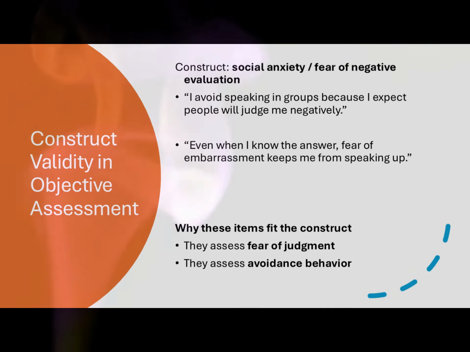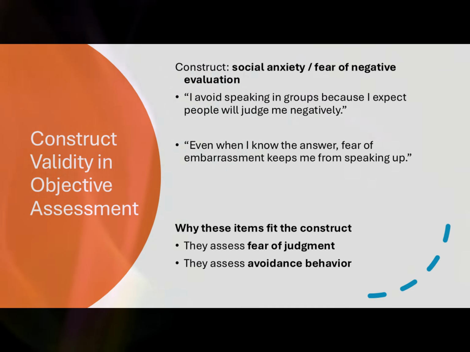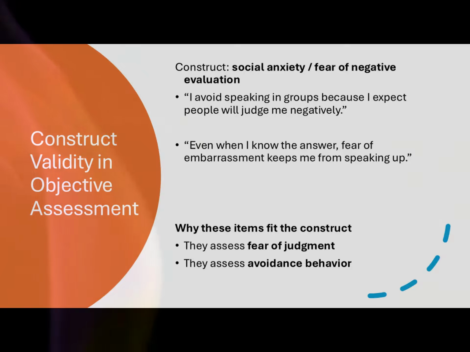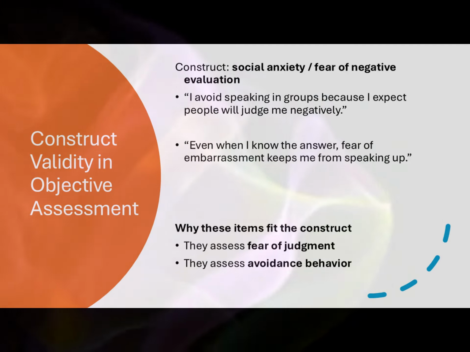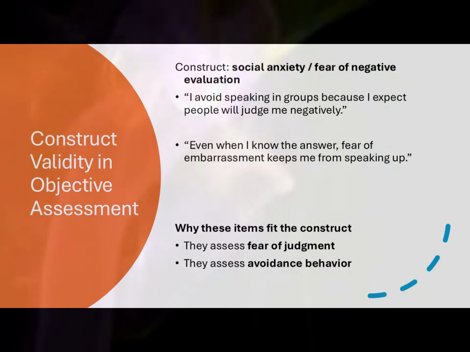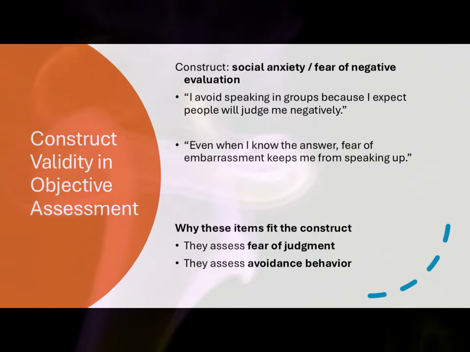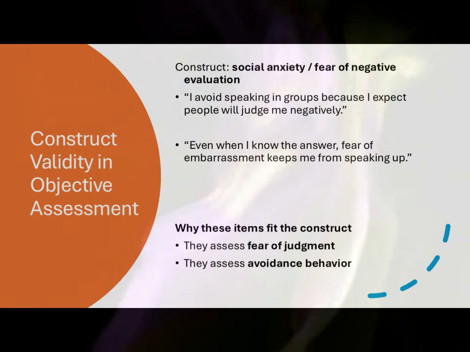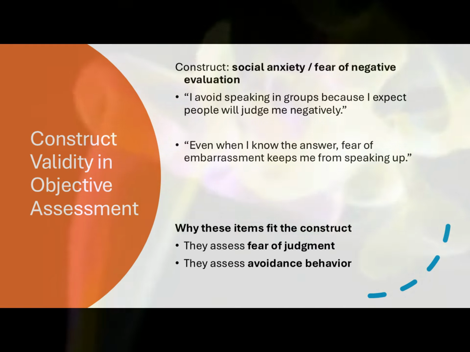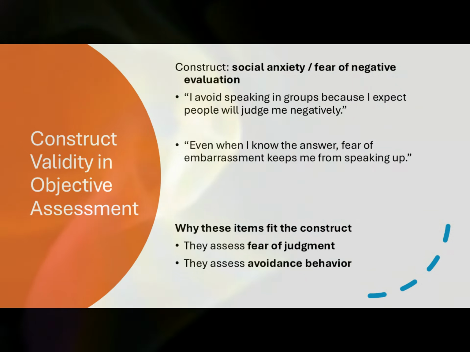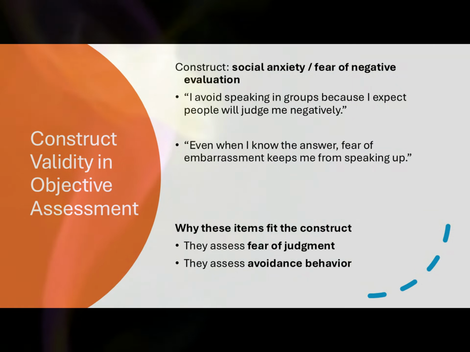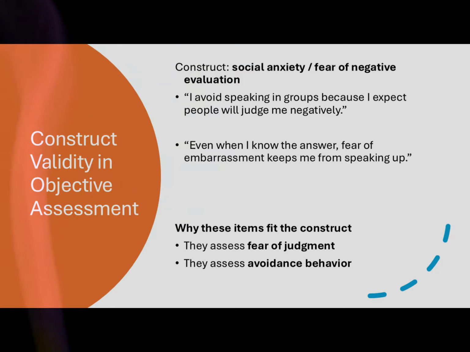And here I'm going to use some instructor-created sample items. So these aren't going to be proprietary items, but for example, if you're looking at social anxiety as a construct, part of that is going to be fear of negative evaluation.